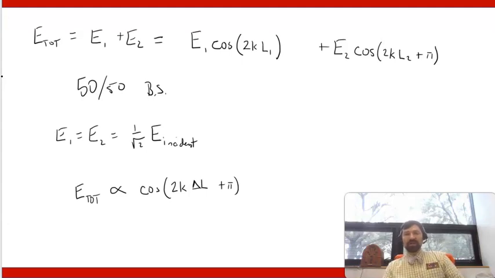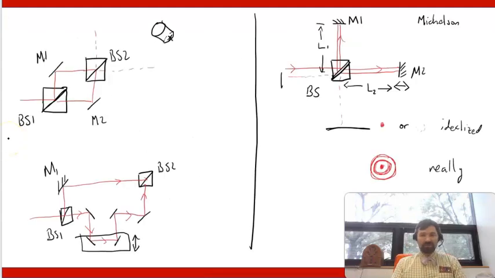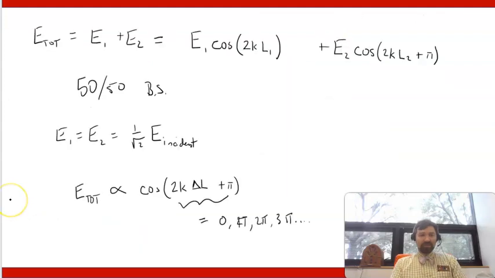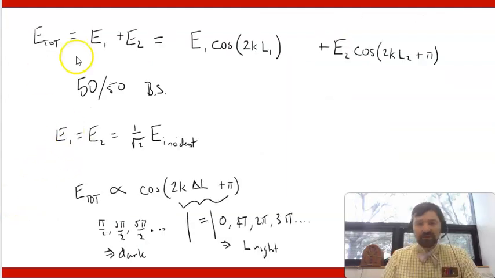So basically, like subtract L1 from L2, you have also this plus pi term. And so if this collectively equals 0, pi, 2 pi, 3 pi, etc., then you end up with really a bright spot on your screen. And then if it's half pi's, then you get a dark spot. And that's how interferometry works.